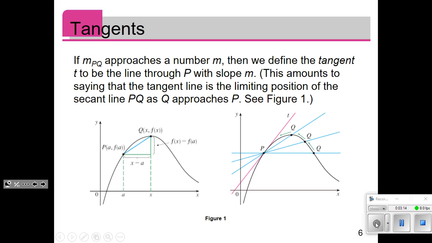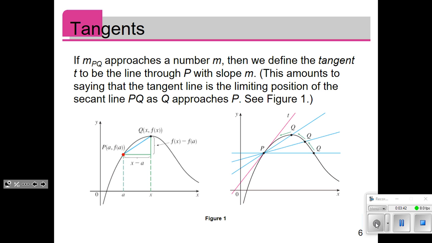So if we have this curved line, this right here is the point that we are trying to find the tangent line to. But it says if the slope of line PQ approaches a number m, then we define the tangent T to be the line through P with slope m. It says this amounts to saying that the tangent line is the limiting position of the secant line.